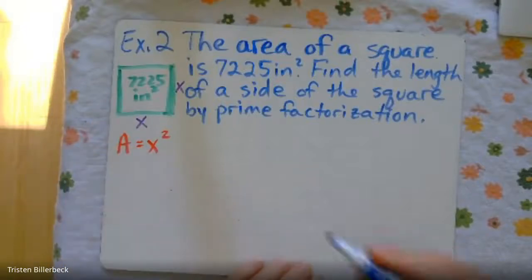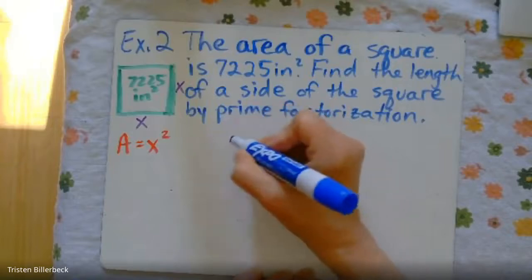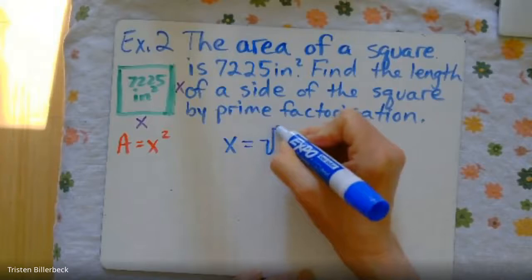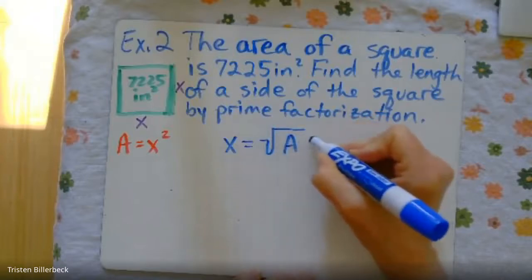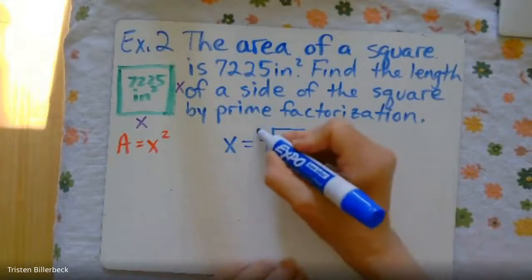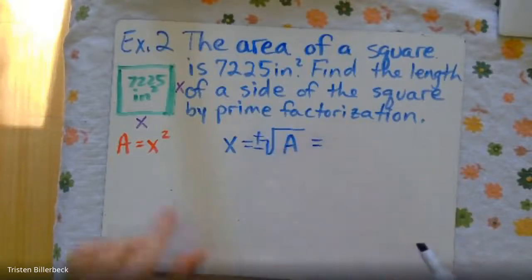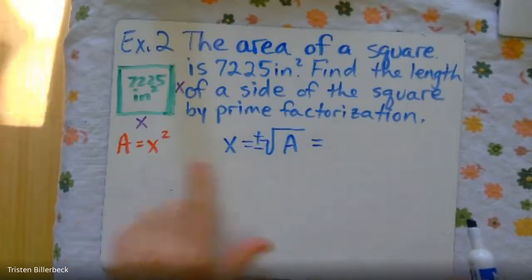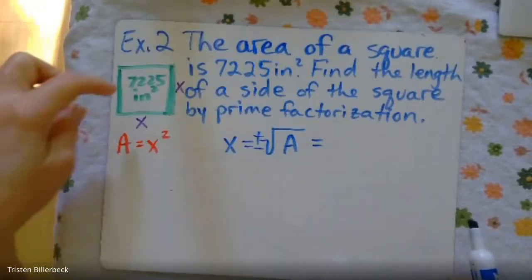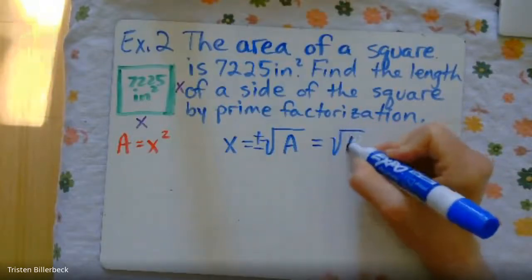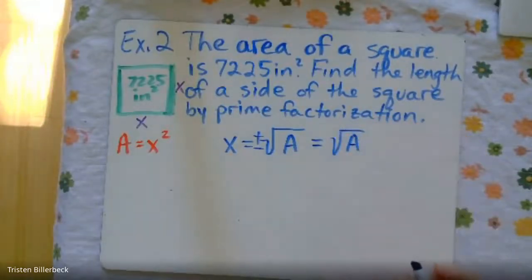So to find x, we need to find the square root of A. Normally I would put a plus or minus sign here because the square of two negatives is a positive, but because area can only be positive, we are just going to do the square root of A.